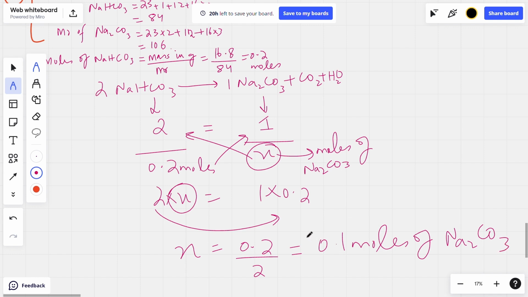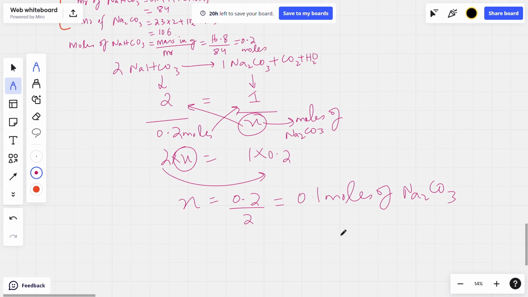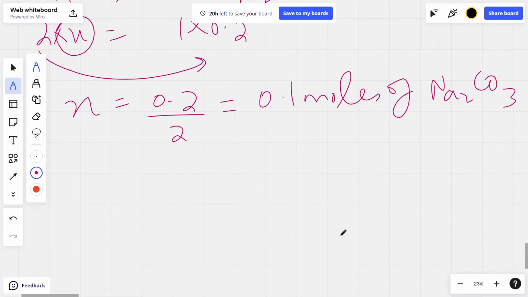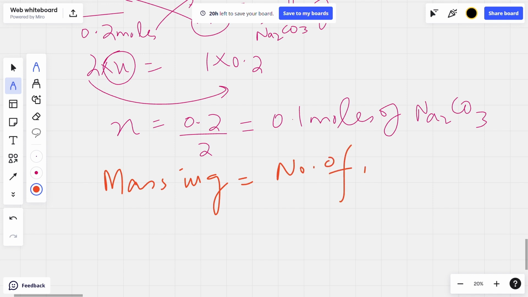So in order to find out the theoretical yield, we must convert the moles of the sodium carbonate into mass. For that, we know the formula for finding the mass. Mass in gram is equal to number of moles multiplied by formula mass of the sodium carbonate.